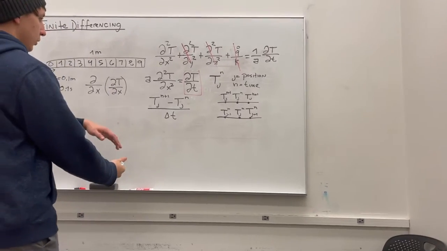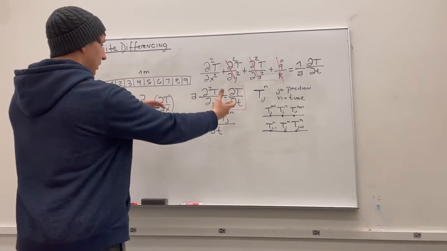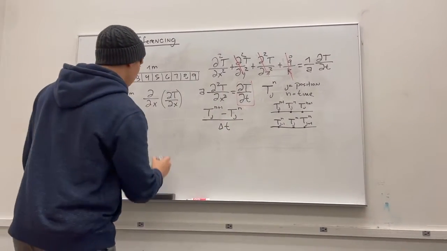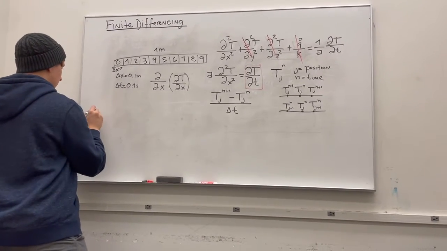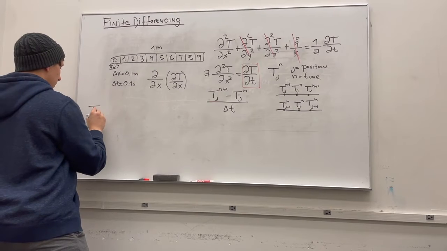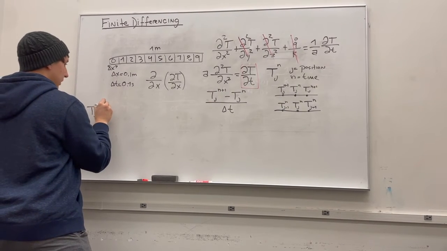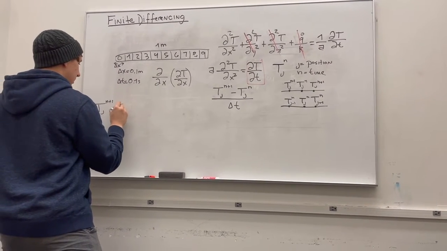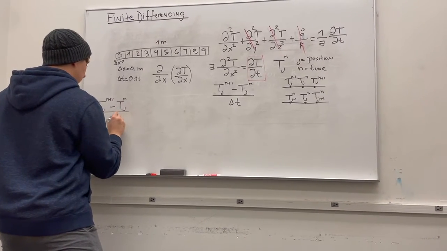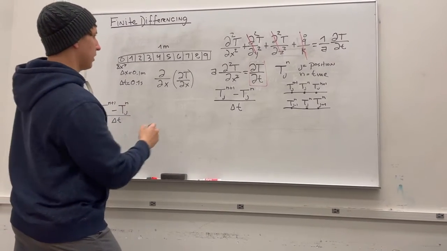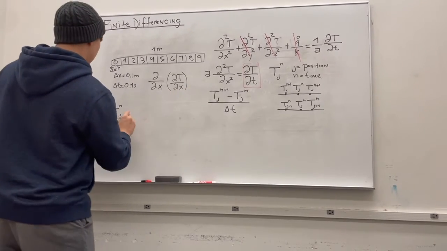So, like I said, it's going to be the difference of those. Let's copy this down so it's here, and I'll have this minus delta t and the alpha there.